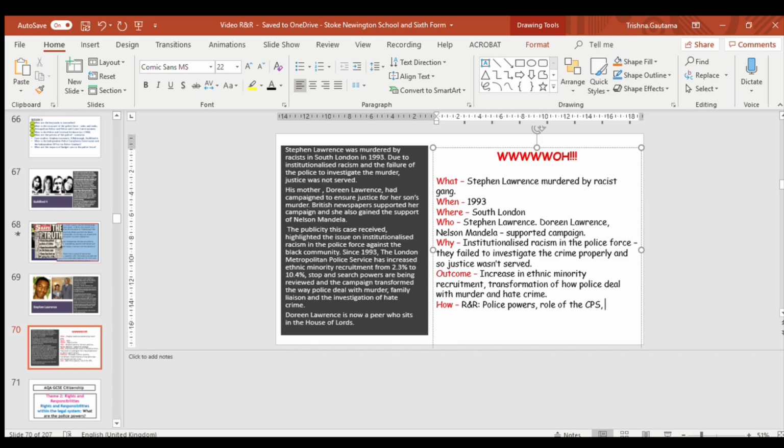You could also explore politics and participation and look at active citizenship and campaigns, successful campaigns actually, due to high-profile people involved and the media's support. You can also look at the role of peers in the House of Lords, Doreen Lawrence, and so on. I do suggest that you make sure you know how each case study applies to a variety of topics in citizenship.